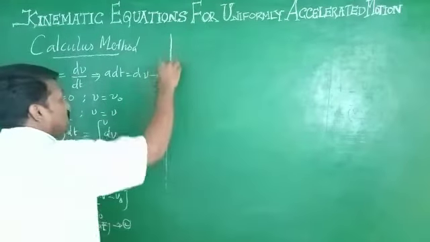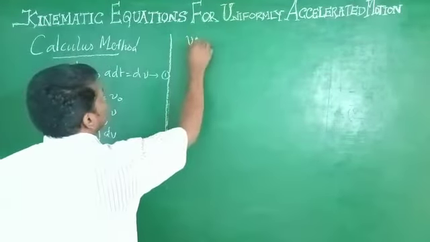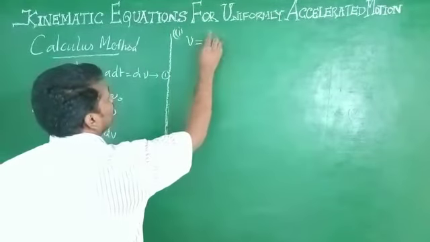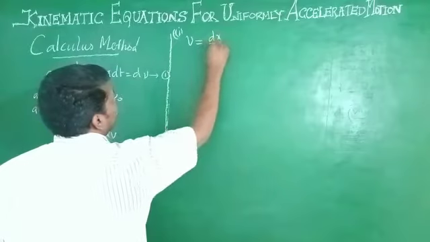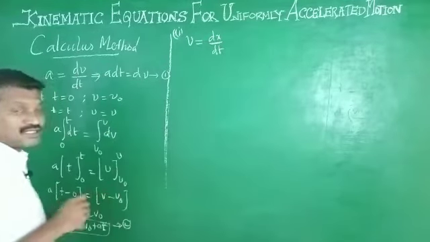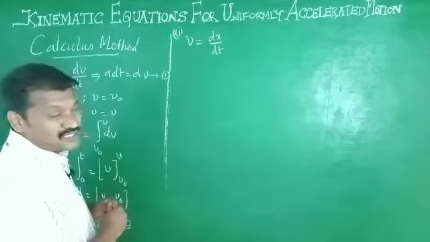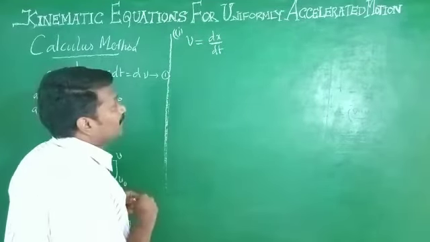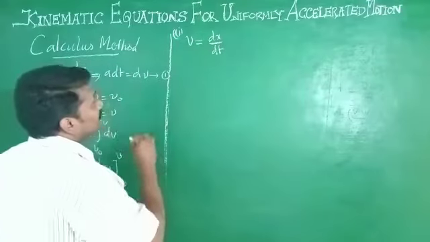And then you know that v equals dx by dt, that is, the rate of change of displacement with respect to time is nothing but the velocity of the body.